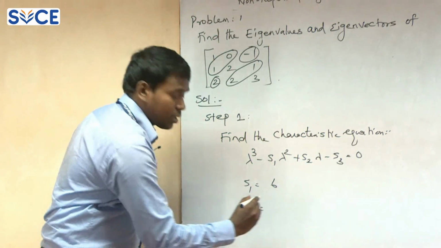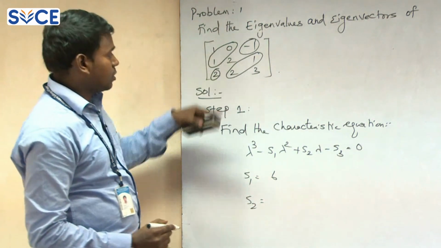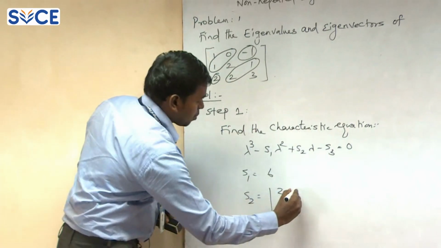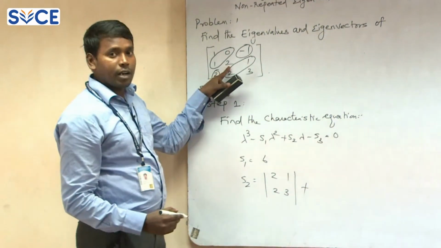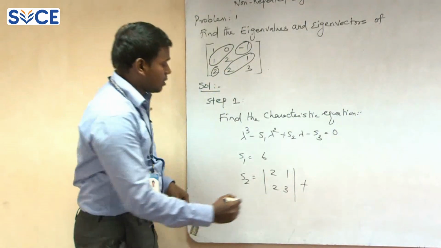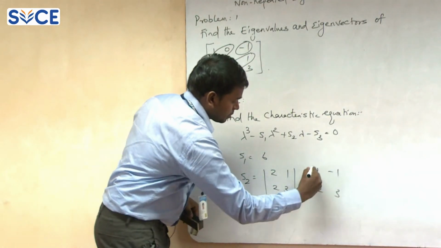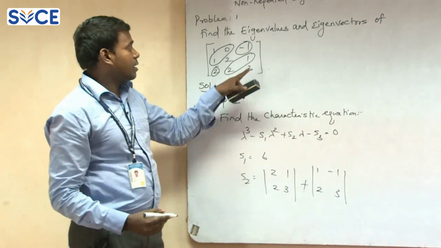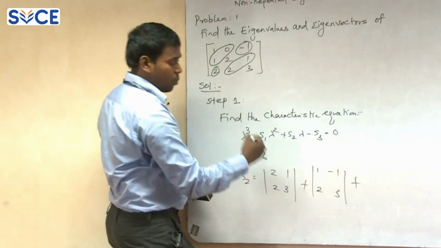S2, sum of the minors of the main diagonal elements. First main diagonal element 1, so the minor elements are 2, 1, 2, 3, plus second main diagonal element 2, so the minor elements are 1, minus 1, 2, 3. The last main diagonal element is 3, so the minor elements are 1, 0, 1, 2.